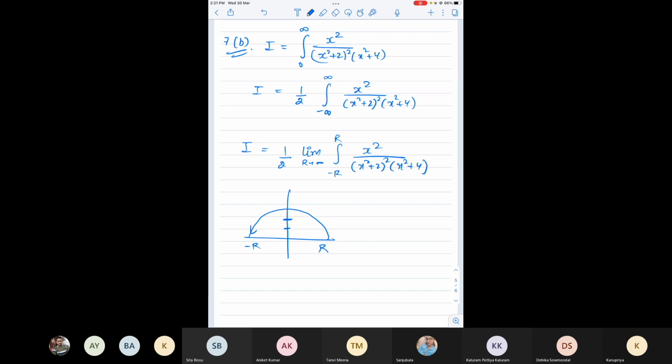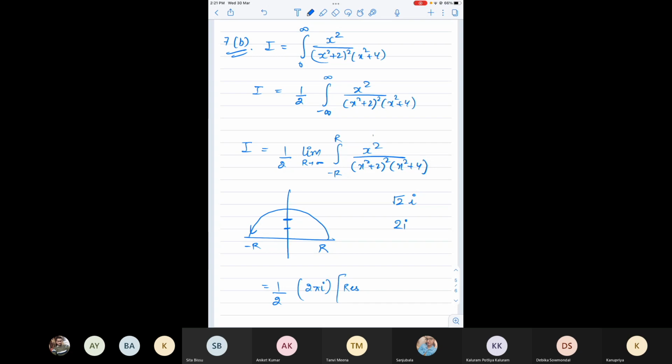How many singularities will be there inside the semicircle? 2. There are two poles inside the semicircle, one of order 1 and the other of order 2. Yes, root 2 iota and 2 iota. So your final answer will be half times 2 pi i times the residues of this function.